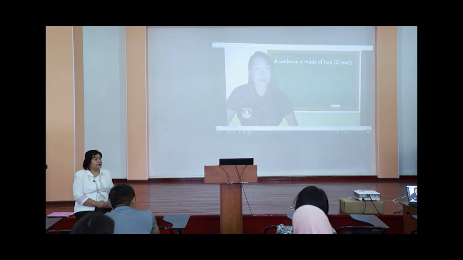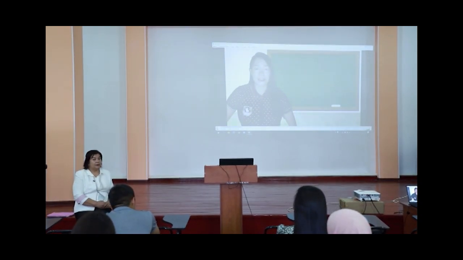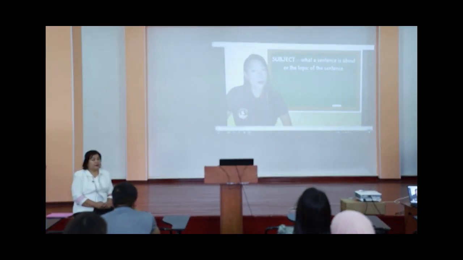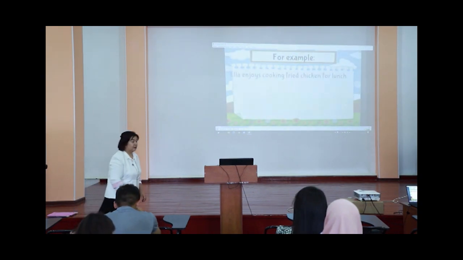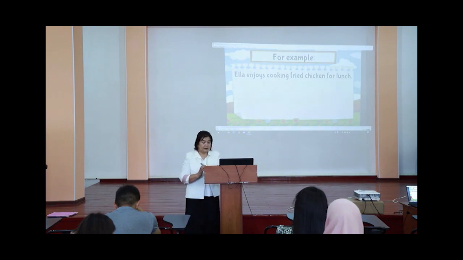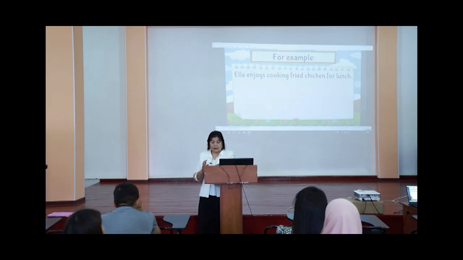A sentence is made of two parts: the subject and the predicate. Subject means what a sentence is about, or the topic of the sentence, while the predicate tells something about the subject. It contains a verb. For example, Ella enjoys cooking fried chicken for lunch.